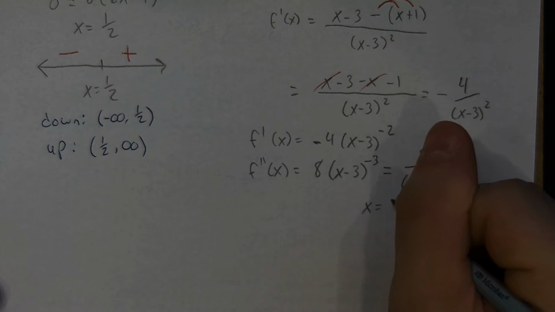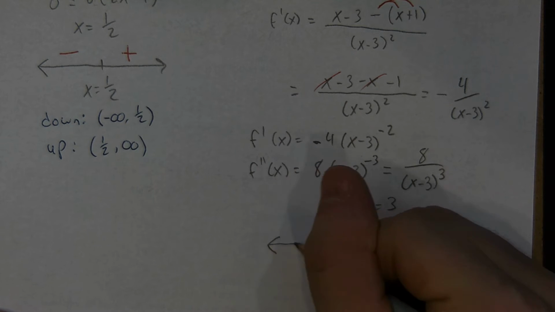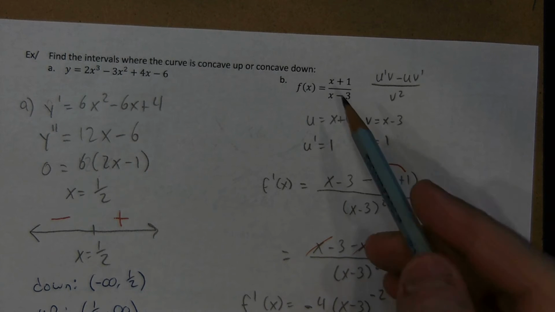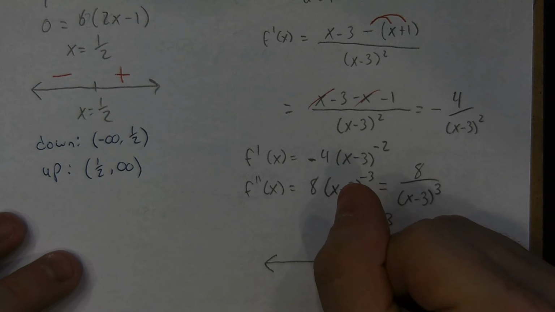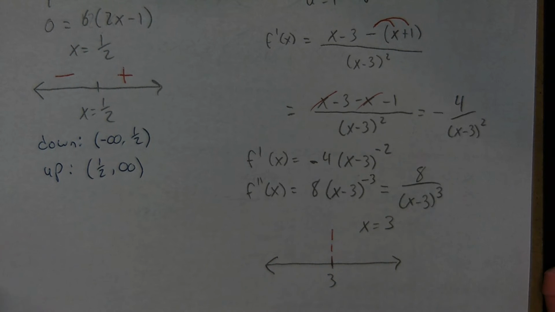X equals 3 is a place where our second derivative is undefined. So we do have to build a sign diagram around x equals 3. Now, if you look at the original thing, x is not allowed to be 3. I mean, at x equals 3, you have a vertical asymptote. So it can't be an inflection point because it's a vertical asymptote.